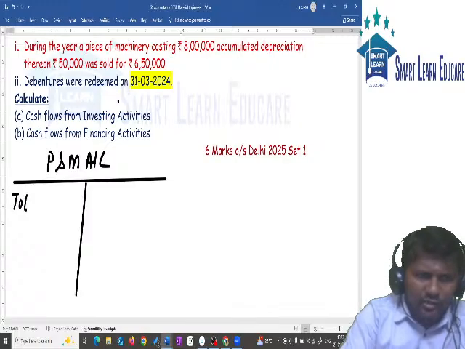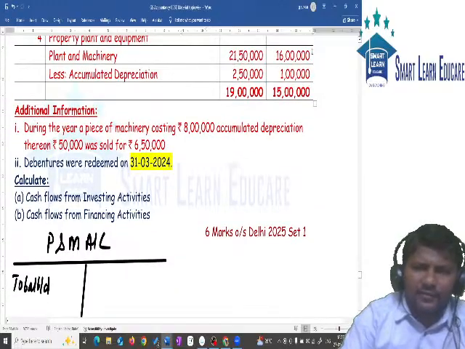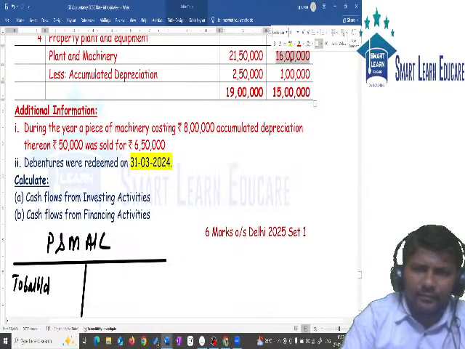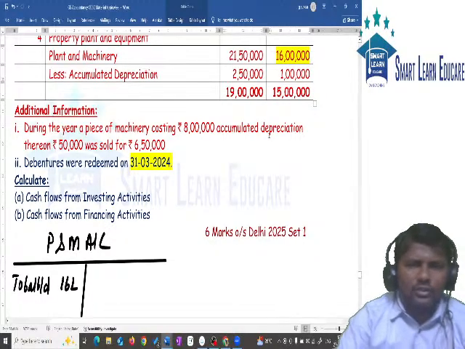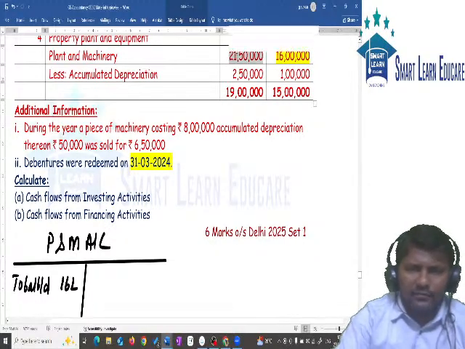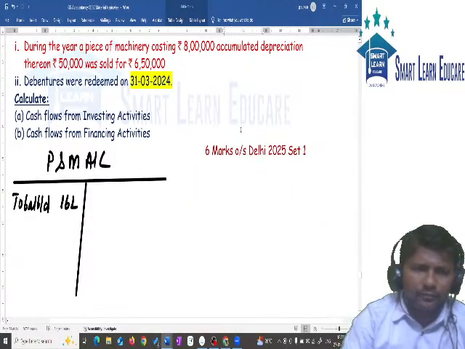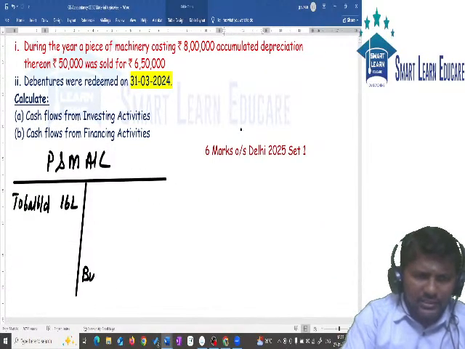So opening balance, to balance brought down. Opening balance of asset 16 lakh. Closing balance of the asset 21 lakh 50,000.